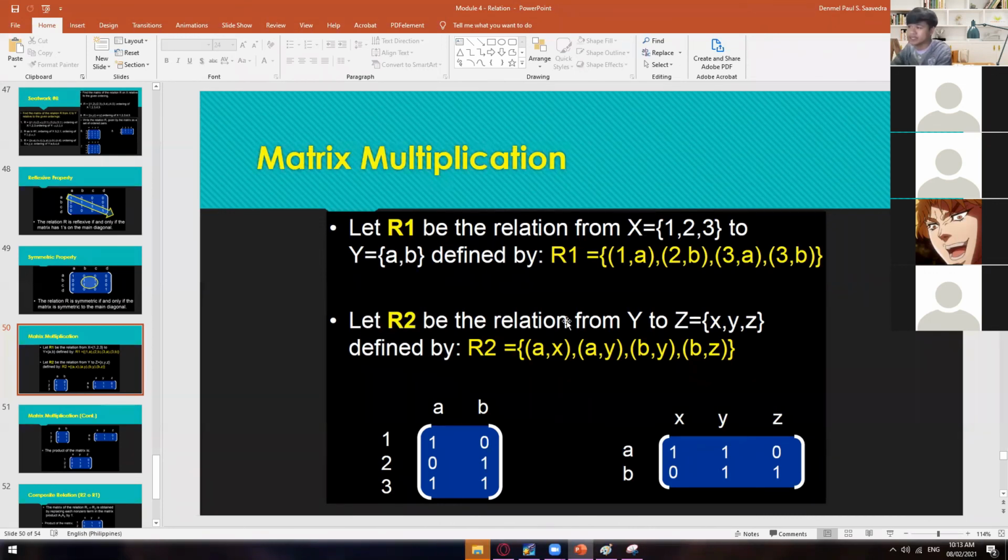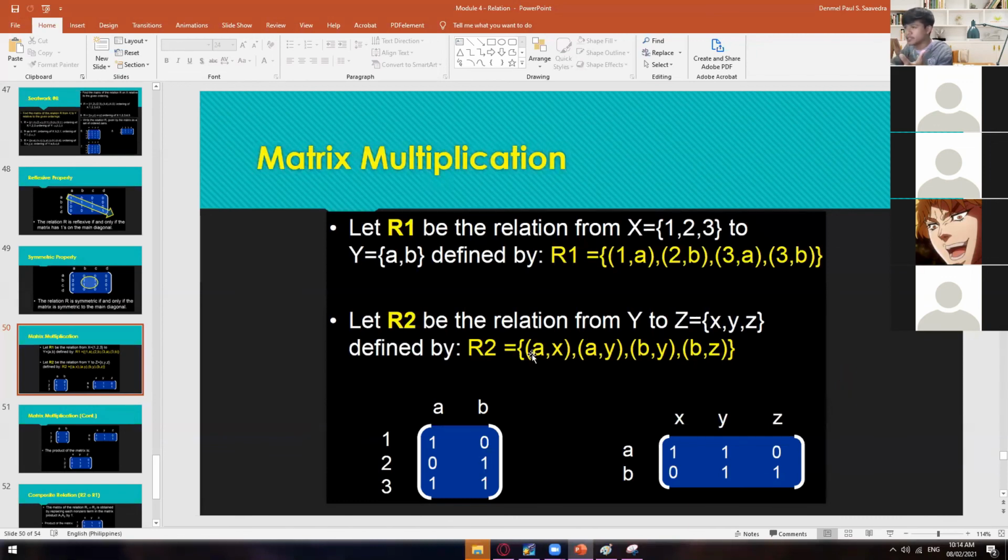Let R2 be the relation from Y to Z, wherein Z is equal to X, Y, Z, defined by R2: AX, AY, BY, and then BZ. Here's the matrix representation of your R1, and here's the matrix representation of your R2. So we have 1A, 2B, 3A, and then 3B. And then we have AX, AY, BY, and then BZ for this one.